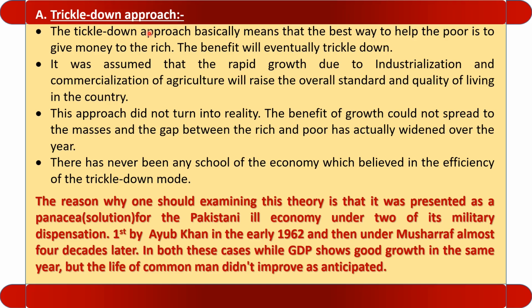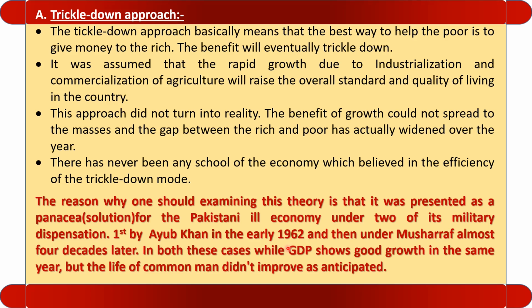The trickle-down approach was proposed or is being seen as the solution for the Pakistani ailing economy under two of its military dispensations, first by Ayub Khan in the early 1960s and then under Musharraf almost four decades later.